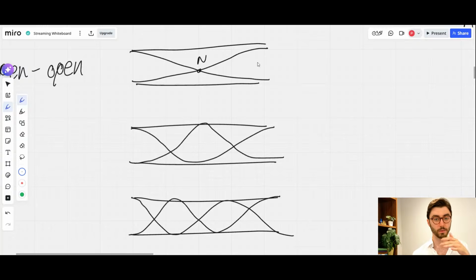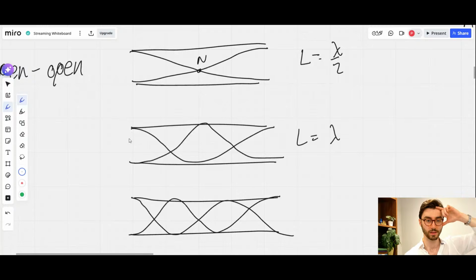But here, we can again go through the process of relating the length to the wavelength. So here the length of the pipe goes from max to min. That's half a wavelength before it comes back to its starting position. So that's lambda over 2. Here, L is equal to a full wavelength. And here, L is equal to 3 over 2 lambda.